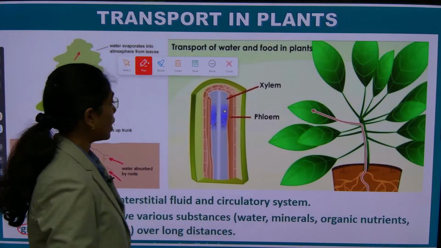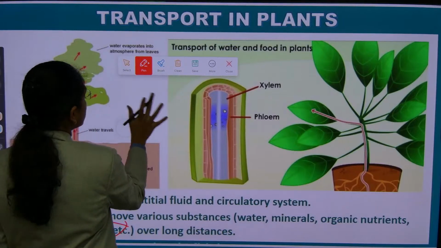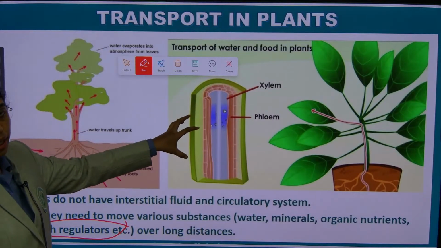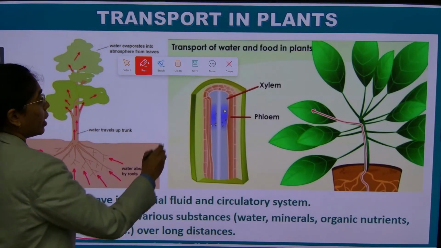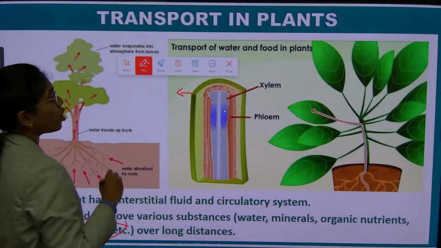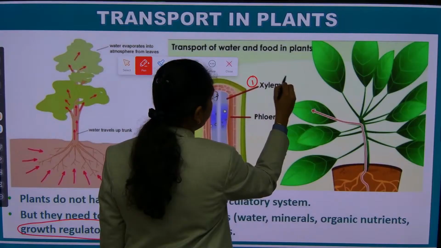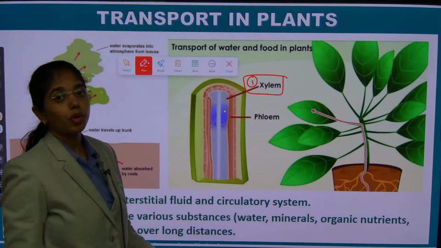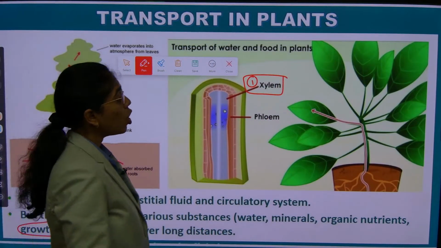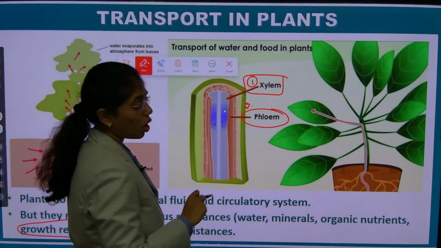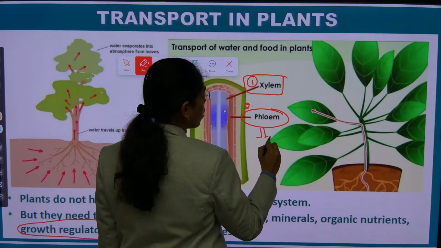It is by the vascular system that is developed in the plant body. We call them conducting tissues. We have 2 conducting tissues. One is xylem. Xylem looks after the transport of water and mineral nutrients. Phloem looks after the transport or translocation of photosynthates.